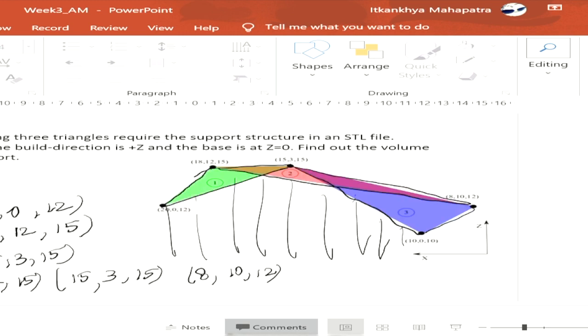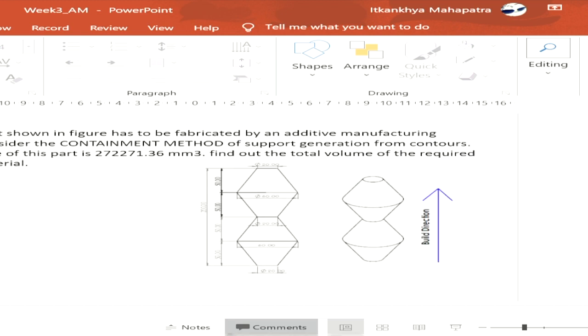So according to the question, this is the correct answer. So now the next question.